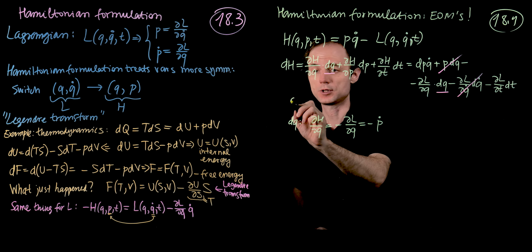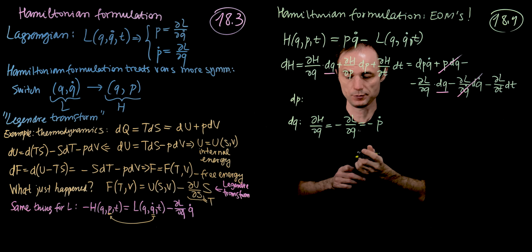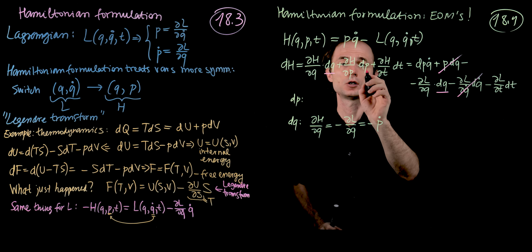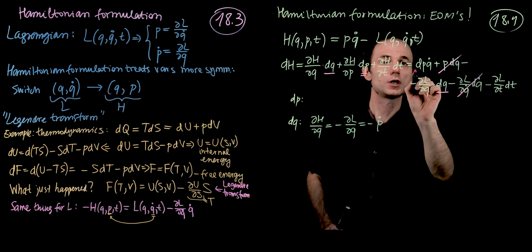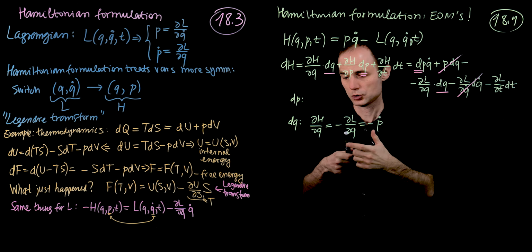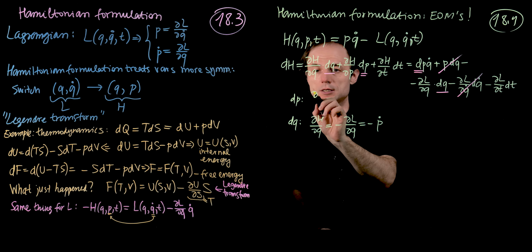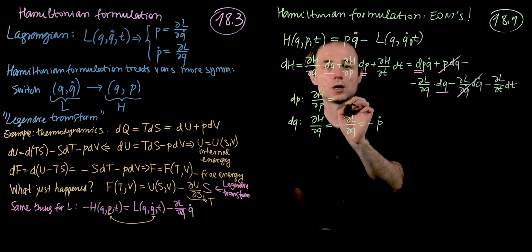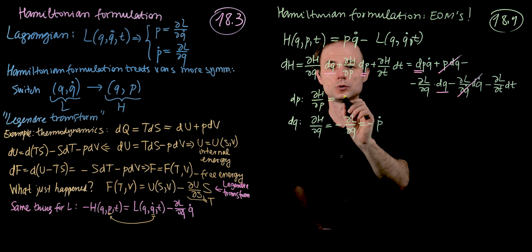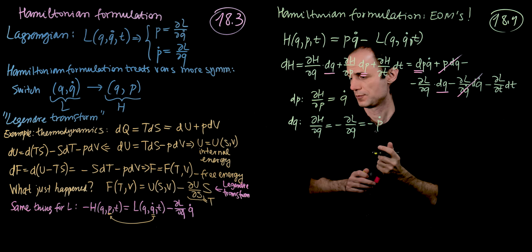We can do the same thing for dp, and we will see that we have dp over here and we have dp over there. So what we're going to get is that ∂H/∂p is equal to q̇.